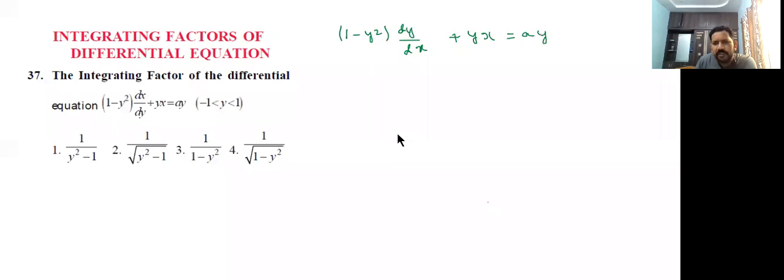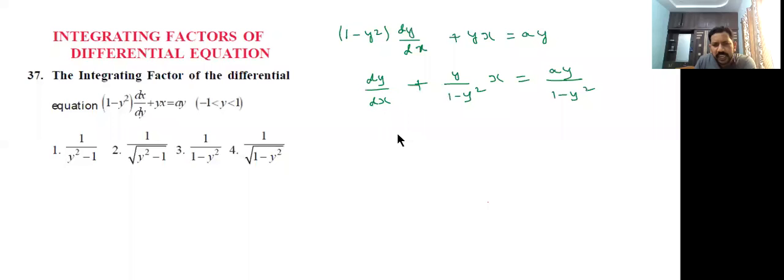That means divide on both sides with 1 minus y square. So we get dy by dx plus y by 1 minus y square into x is equal to ay by 1 minus y square.